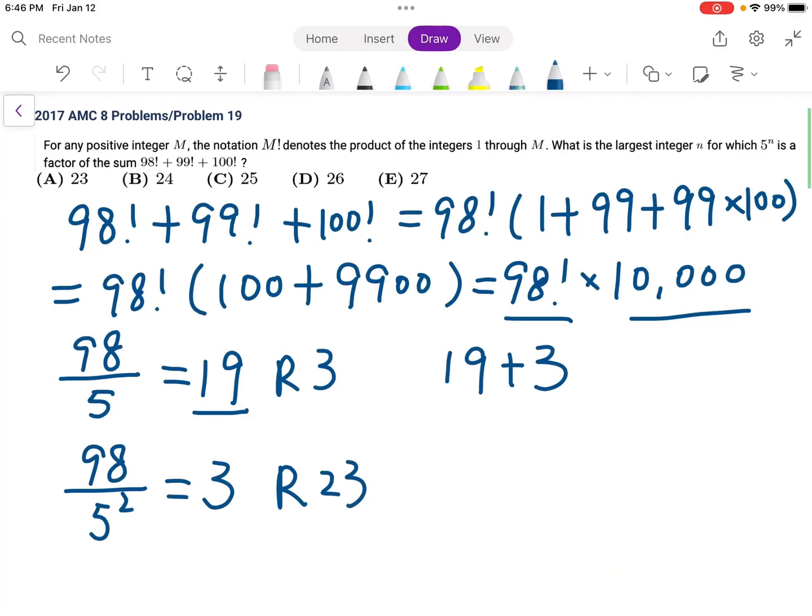And then we consider how many power of 5 are in 10,000.